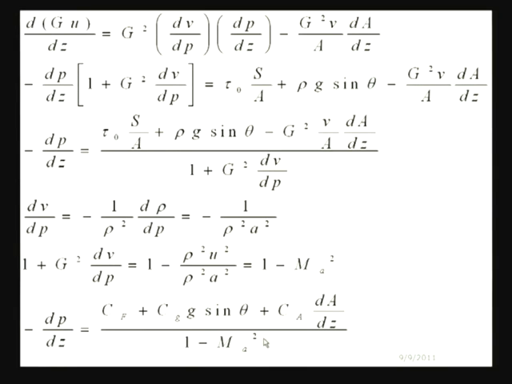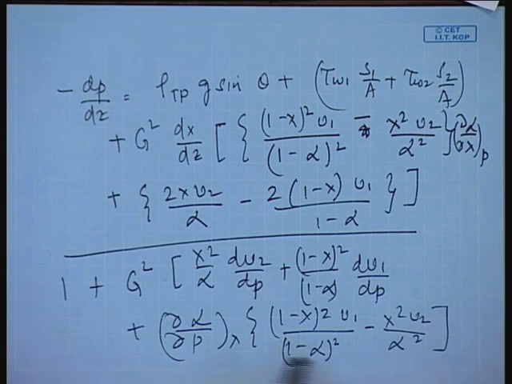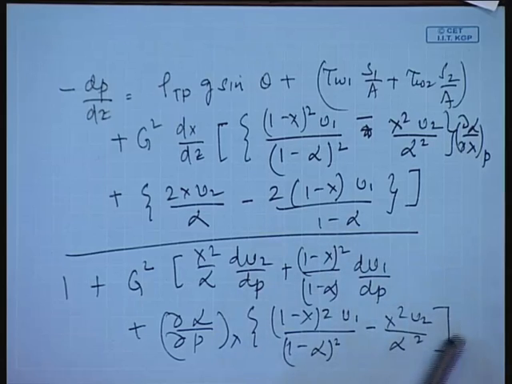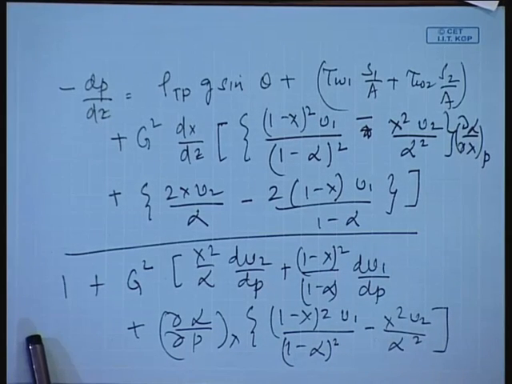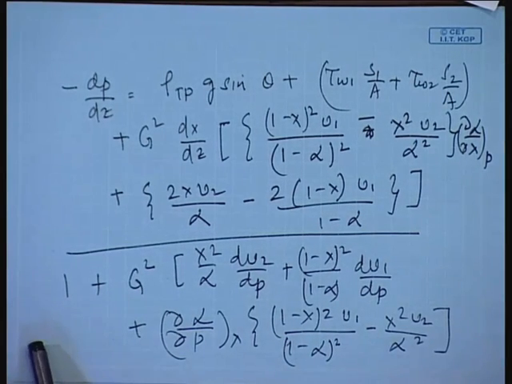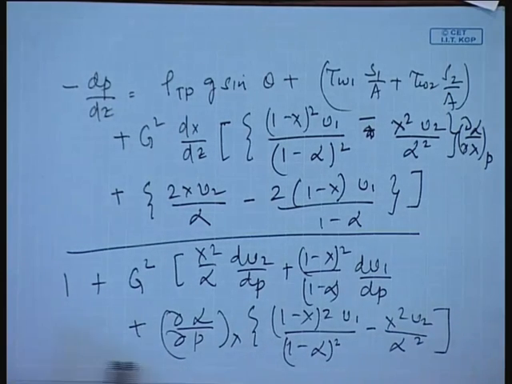Now, starting from the same analogy, we are in a position to comment that this particular denominator, which we deduced in the last class for the pressure gradient expression, should also correspond to 1 minus the two-phase Mach number for this particular fluid, is it not. In other words, this should be equal to 1 minus MATP square.